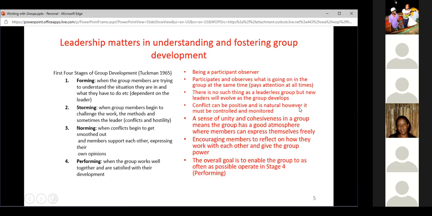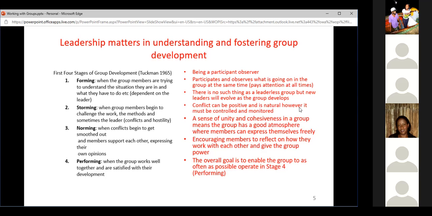Okay, so we move to the other subtopic here, which is leadership. If you realize, as I was going through the previous slide looking at the stages of group dynamics, I made reference to the term leadership a lot. And so it impresses upon us the importance of leadership in the development and sustainability of groups.